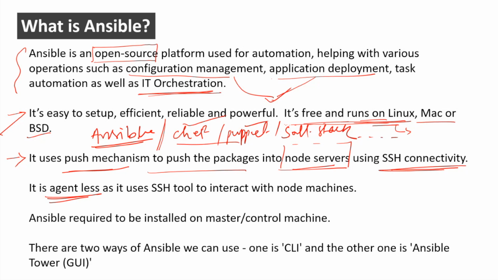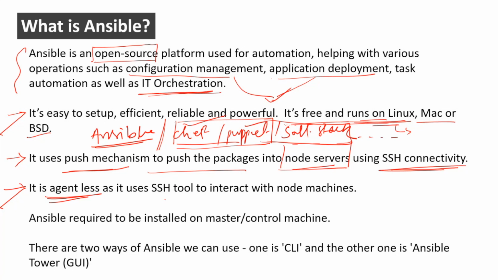That means they pull the package to the control machines where they are installed, and from there they execute. And these are agent based, meaning you need to install an agent for these tools. But for Ansible we don't have to install an agent. It is agentless.